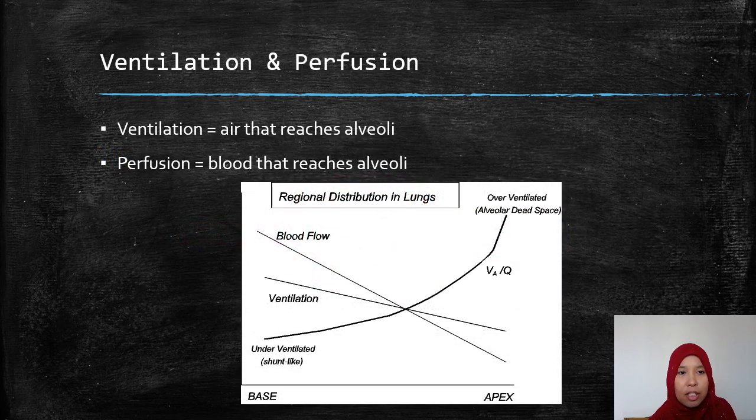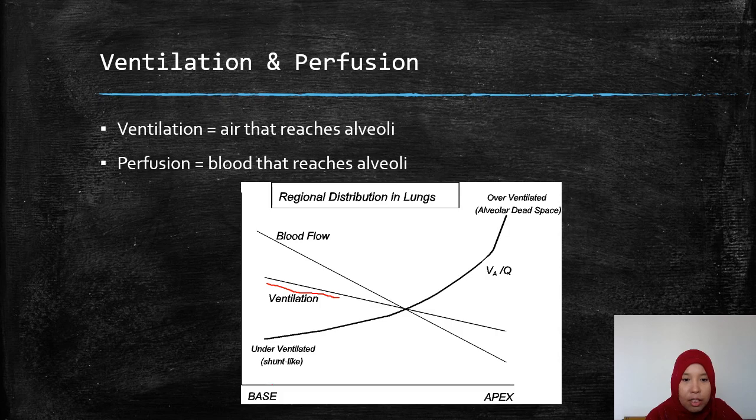Okay, now here we have a graph that shows you ventilation and perfusion, right? And then there's another graph which is the combination of ventilation and perfusion. So you can see here, this is the ventilation graph, and here is the region of the lung.